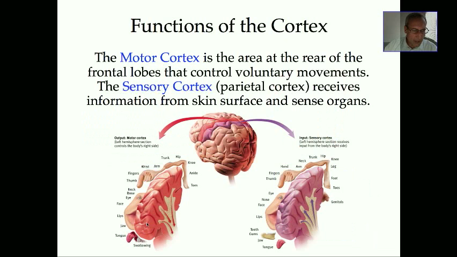Where the elbow is, it's small, which means that the number and density of neurons in the motor cortex in this area are fairly limited. Now, where do we have the most control over voluntary movements and a lot of use? Our face. Almost half of the motor cortex is dedicated to the muscles of the face.